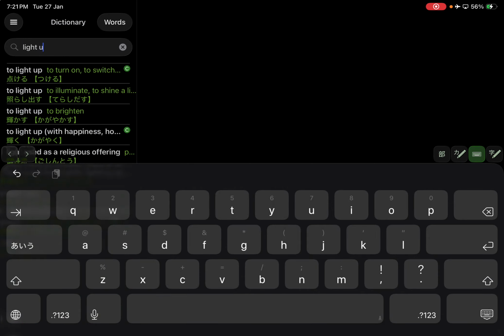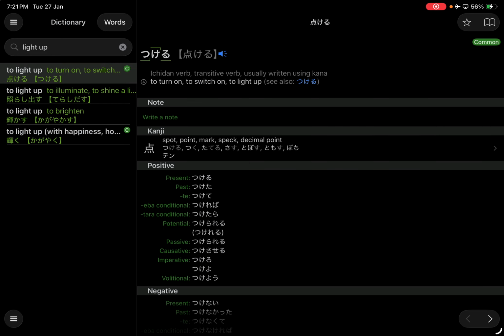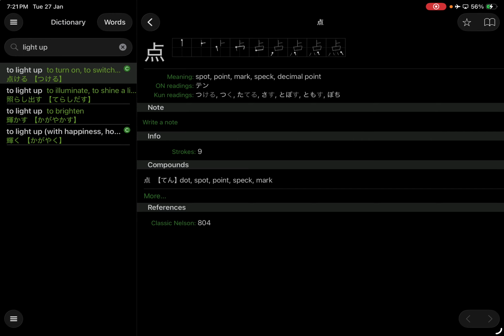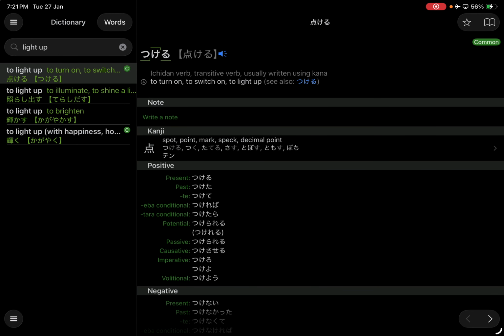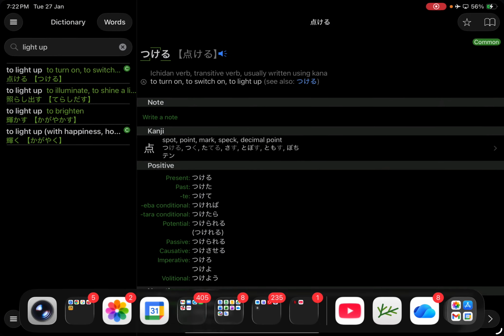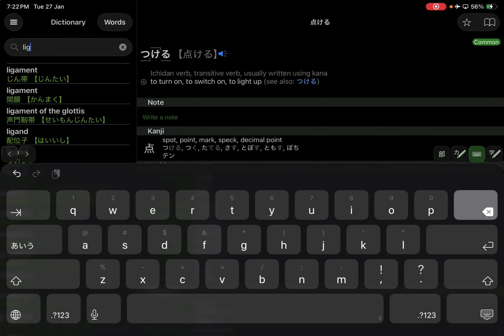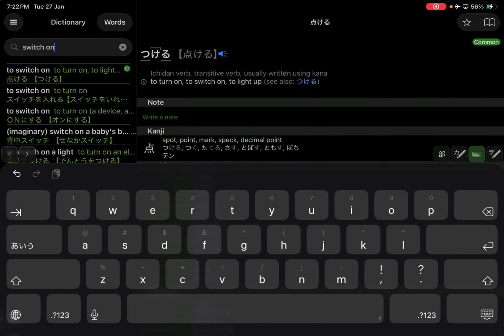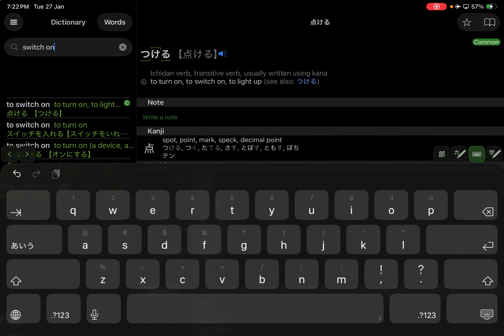Light up. Yeah. But however, to light up is different. The kanji is different. This is the kanji for light up fire, all the way at the top. So this is tsukemasu, to light up fire. The other one is to switch on. Right, we have another one.